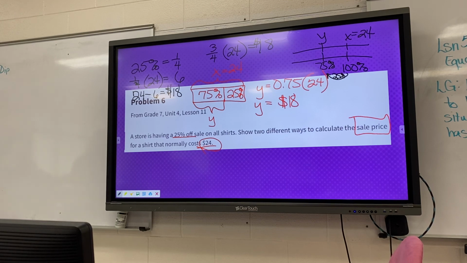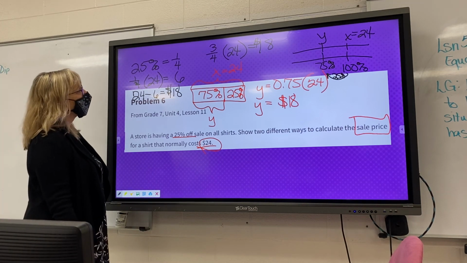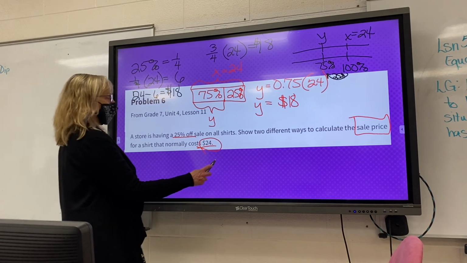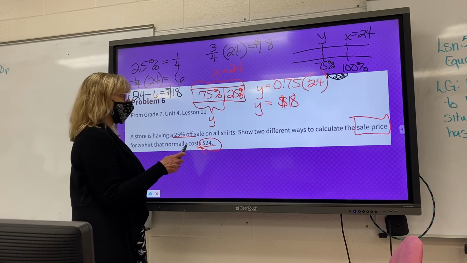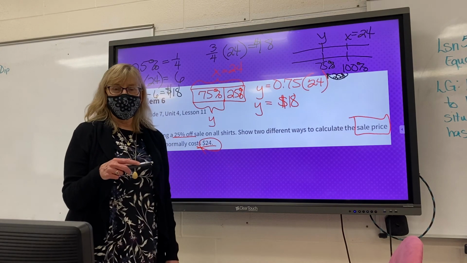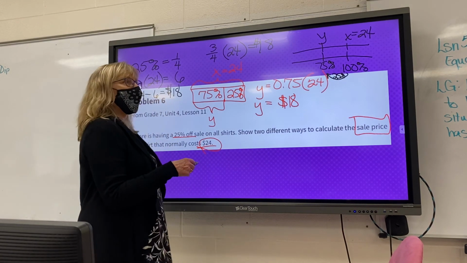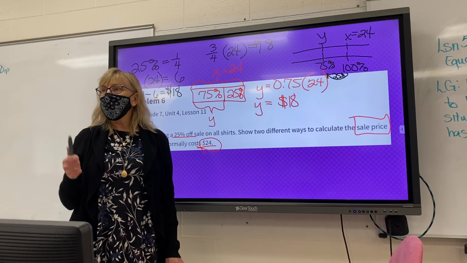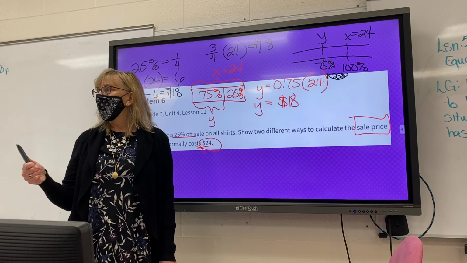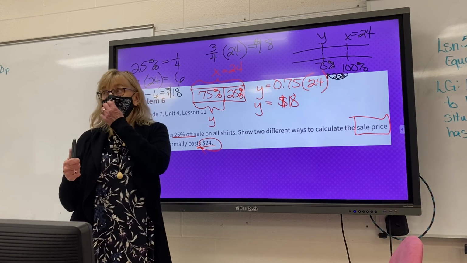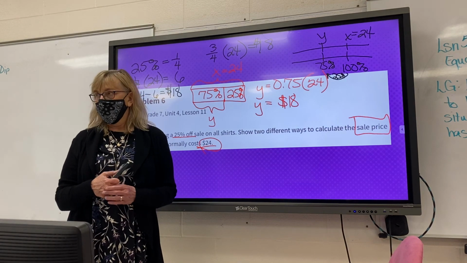Yes. We can do 24 subtract 25%, which will equal 18. Okay, you're using a calculator, are you? Yes. I would prefer that you not use the percent key because the percent key doesn't work the same on all calculators. Sometimes it'll find the percent the correct way when you're subtracting, and sometimes it won't.